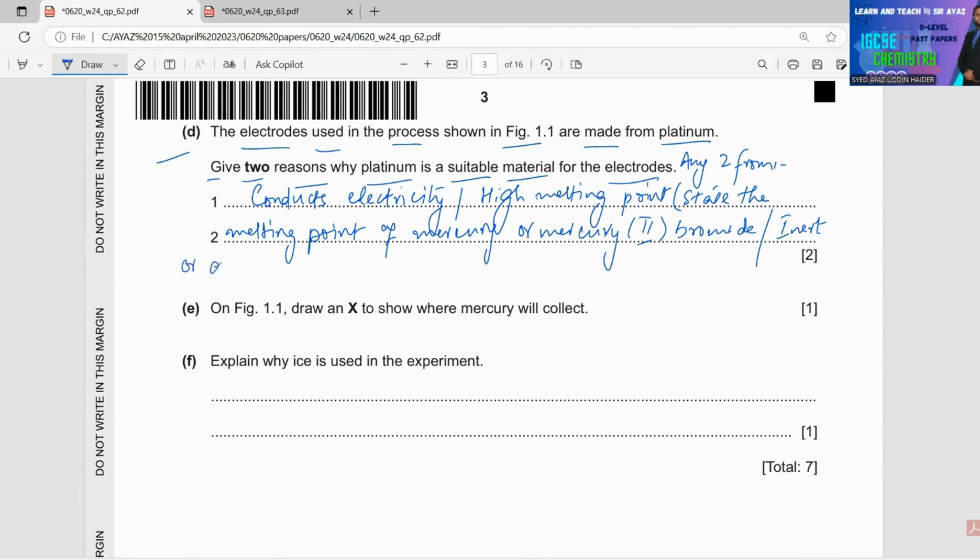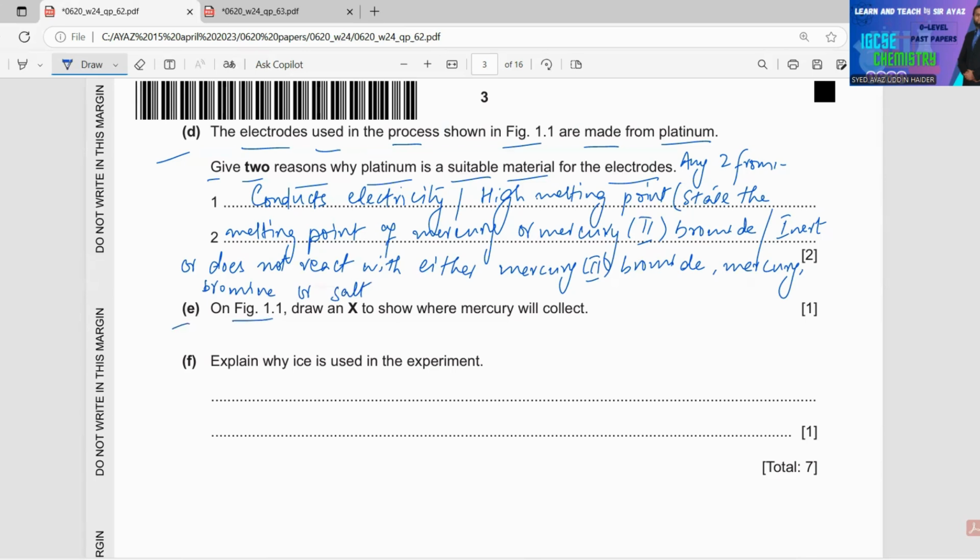Inert or does not react with either mercury(II) bromide, mercury, or bromine. We get bromine during this electrolysis. Or if you want, you can write the salt. No need to write the name of the salt.